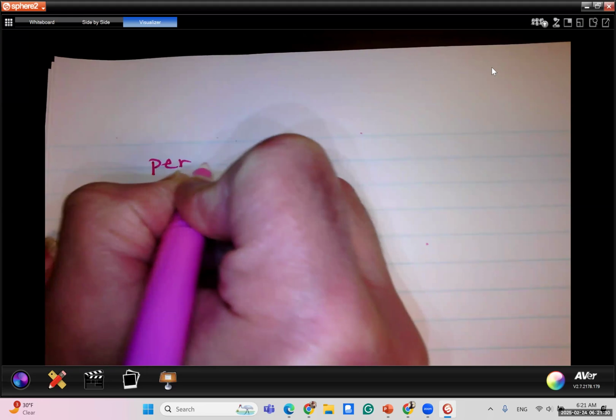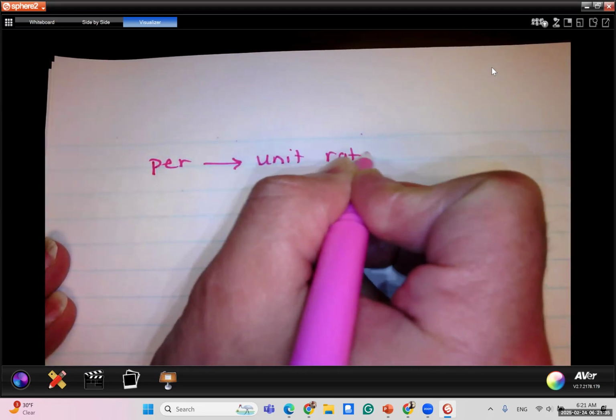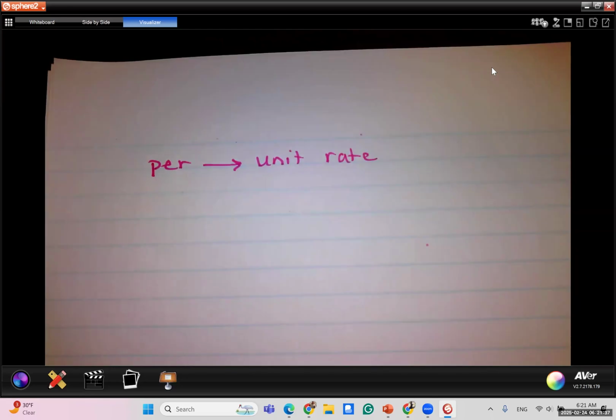Okay, that word per, when you see per something, especially for price, that is unit rate. Or another example is speed, 55 miles per hour, right? Or how many gallons of gas your car gets per mile.